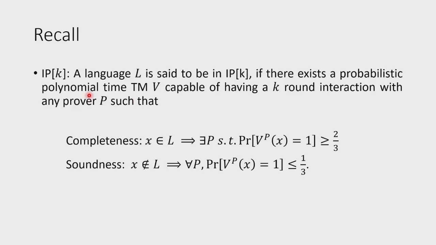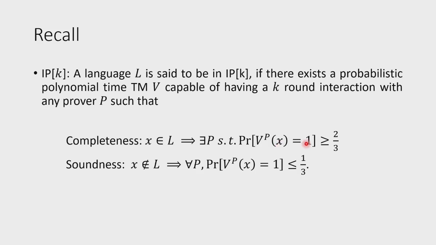A language L is said to be in IP[k] if there exists a probabilistic polynomial time Turing machine V capable of having a k-round interaction with any prover P such that the completeness and soundness conditions are satisfied. The completeness condition says that if X is in L, then there exists a prover P such that the probability that V, after interacting with P on input X, outputs 1 is at least 2/3.